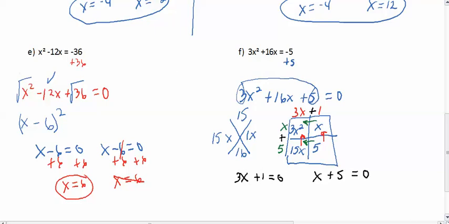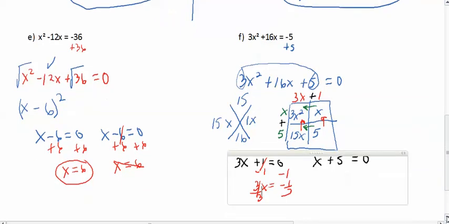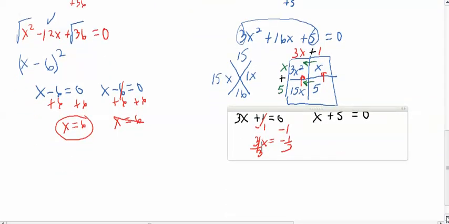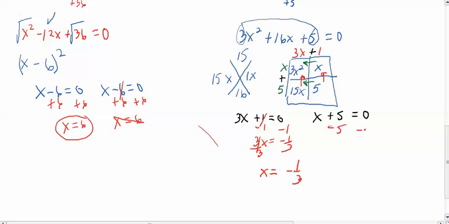Okay, so now, last part. I'm going to subtract 1, subtract 1. So I have 3x is equal to negative 1. Divide by 3, divide by 3. And I'm going to move it down just a little bit. We have our x is equal to negative 1 over 3. And then subtract 5, subtract 5.